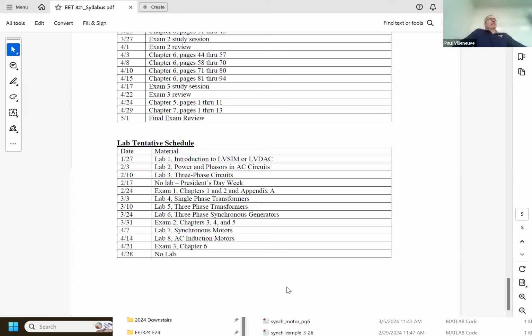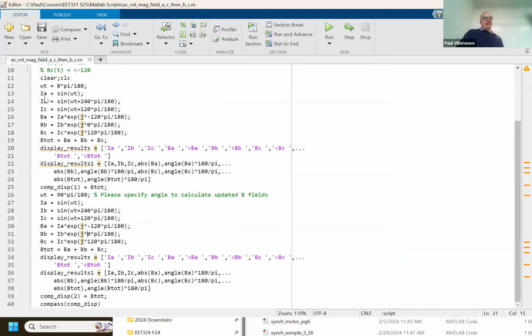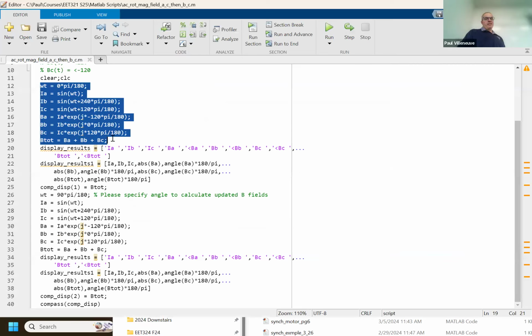Well, again, MATLAB, like I said, I know it looks like there's a lot of information here, but if I'm just doing calculations, I really only need this stuff right here. I do that, and then I rinse and repeat with omega t, and I can do it really quickly.